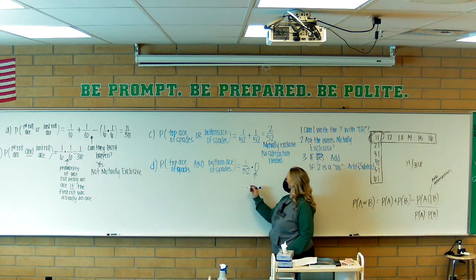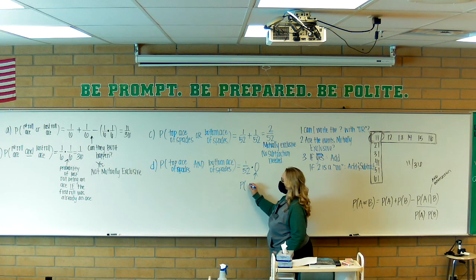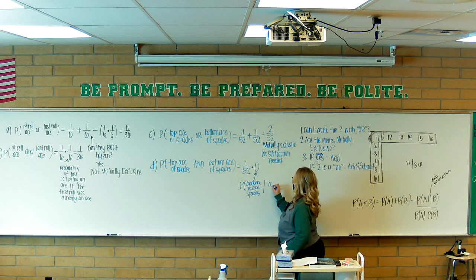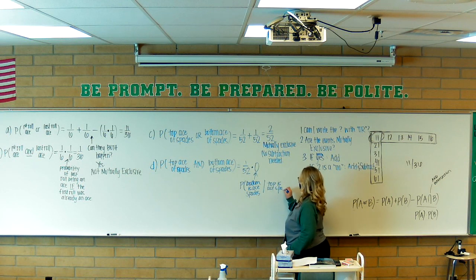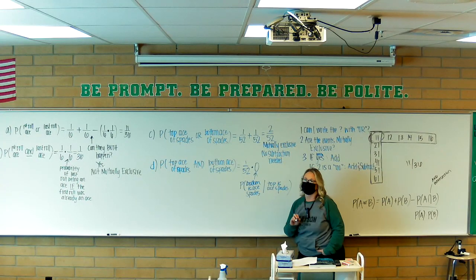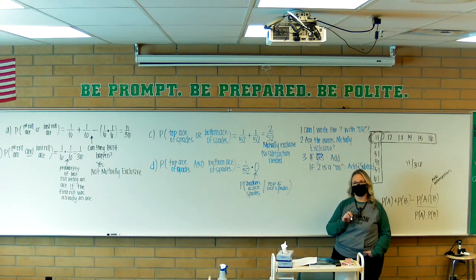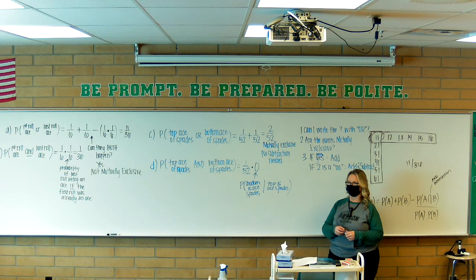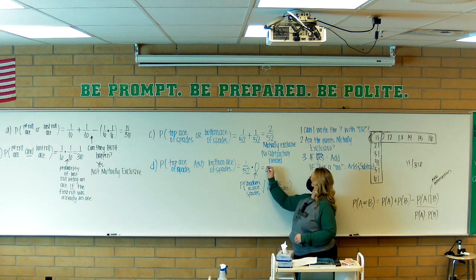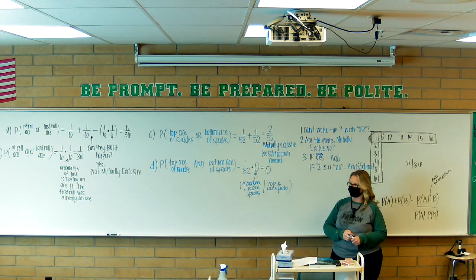Okay, so that second one is the probability that the bottom is the ace of spades given that the top card is the ace of spades. You'll see this notation when you do the other assignment. And the likelihood of that happening is 0 because that ace of spades is already in a position. It can't be in both spots at the same time. So the final answer to that one is just a big fat 0. 1 out of 52 times 0 is just 0.